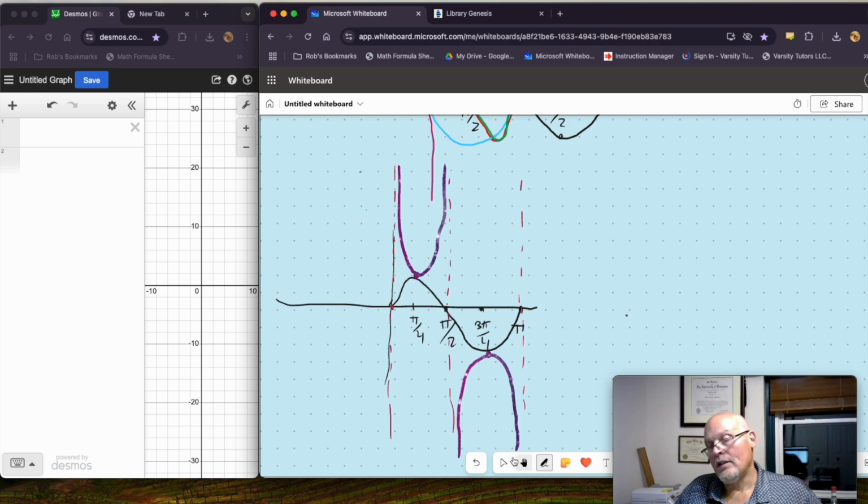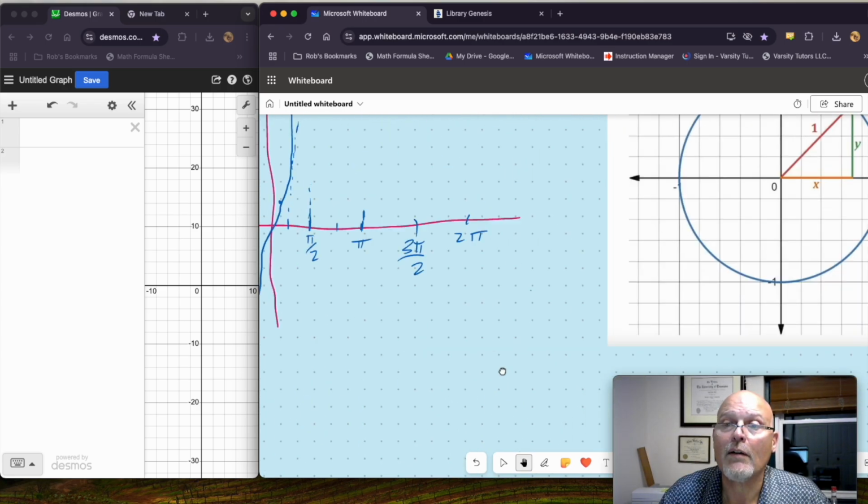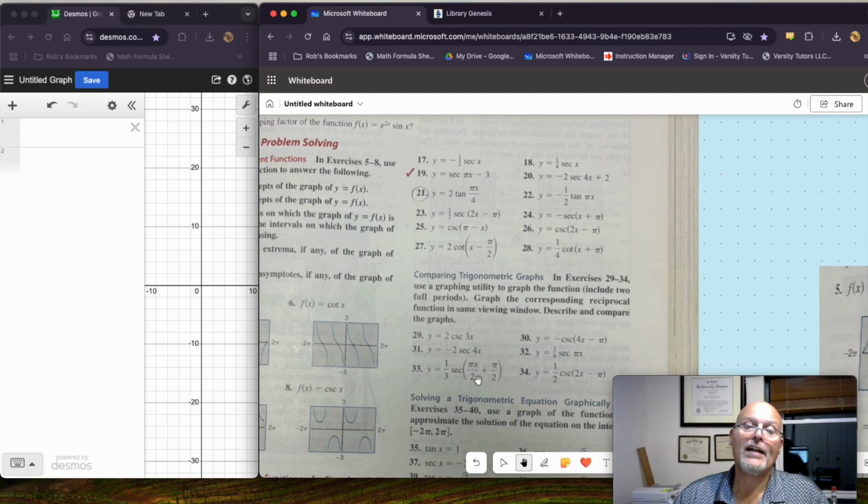Okay. Now, according to the instructions, I think you're supposed to do this for multiple periods, but I will leave the details to you to figure out what the actual homework should look like. That's how to attack transformations. The only one we didn't cover is where we have a +2 or something like that at the end, that's the k, which moves the entire graph up or down.